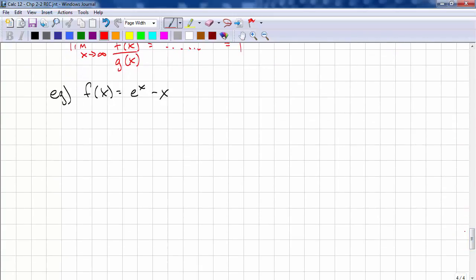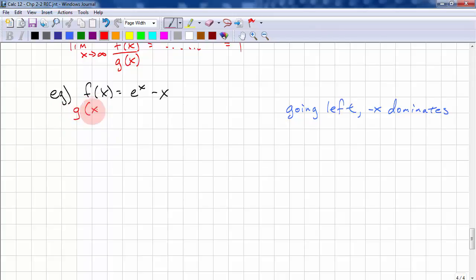One last example. This one's a little bit more difficult. This is where the right and left end behavior models do not match. So first, we note going left, negative x dominates, because e to the x is going to approach 0.